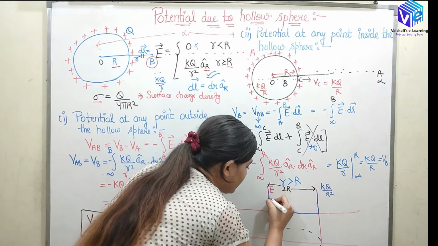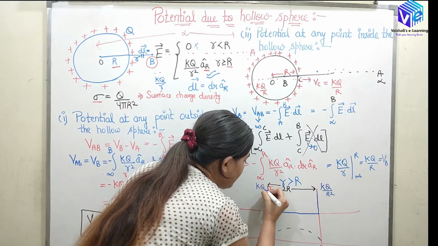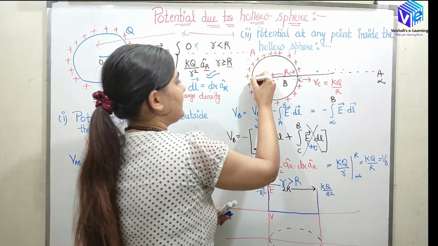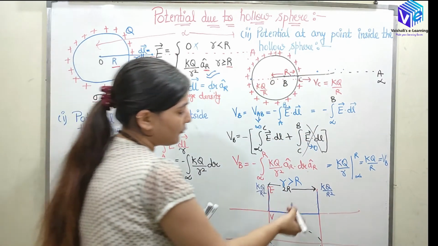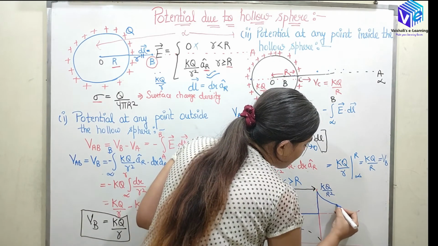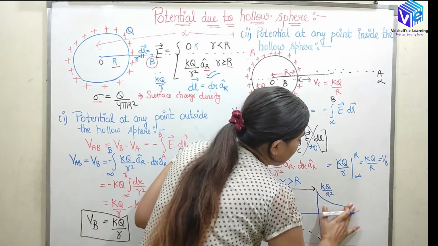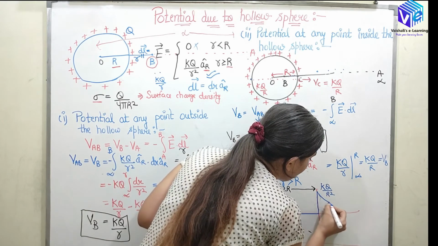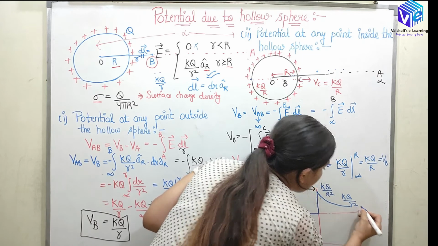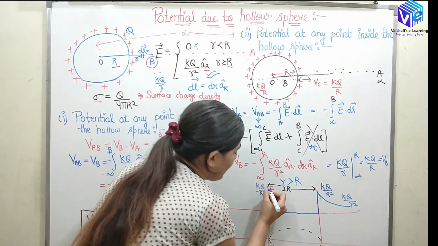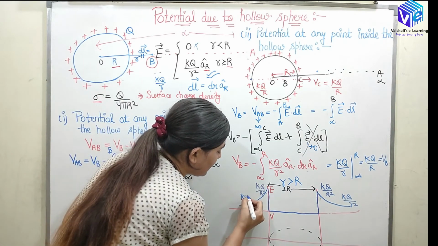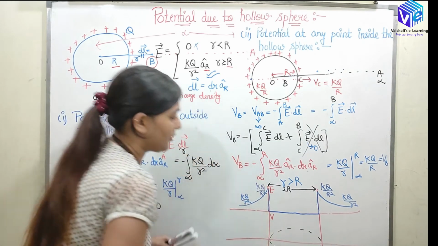Here also it will be the same, KQ upon capital R square. So at this point or this point the electric field will be the same, equal to KQ upon capital R square. As soon as we move outside, the electric field will decrease. It will be inversely proportional to small r square. Here also it will decrease, so it will be equal to KQ upon small r square.